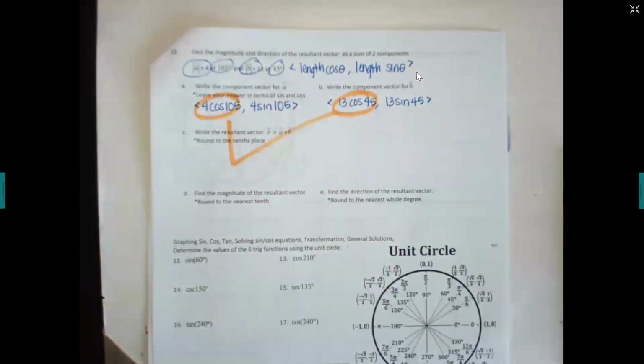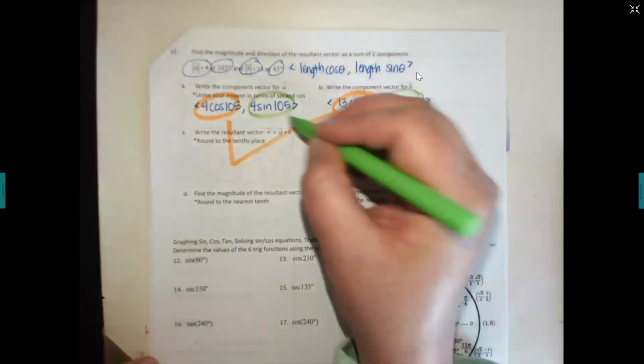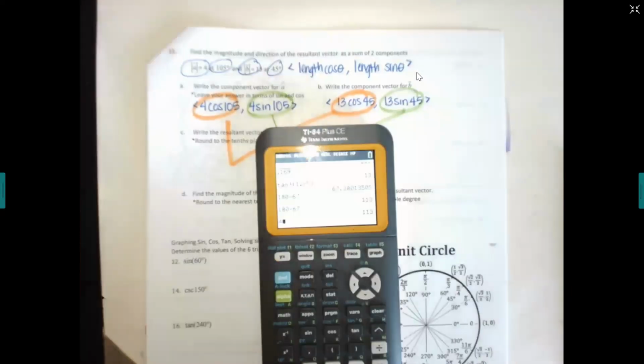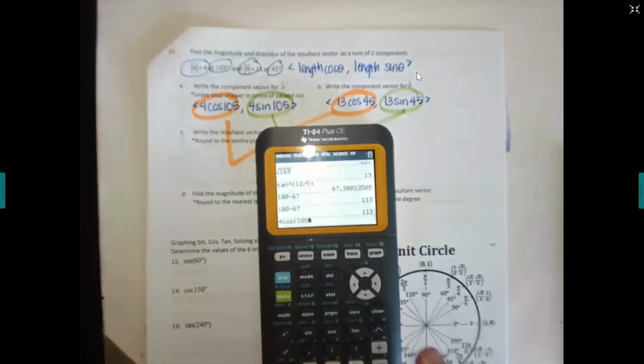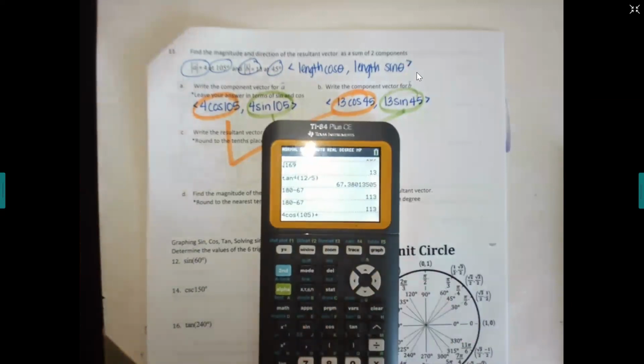Okay, then it says to find the resultant vector. Remember, resultant just means that you're adding, so you're gonna add the x's together, and then you're gonna add the y's together. Remember, you would do this part in your calculator, not by hand. So I'm gonna type in 4 cosine 105 plus, make sure you close this parentheses here, and then 13 cosine 45.